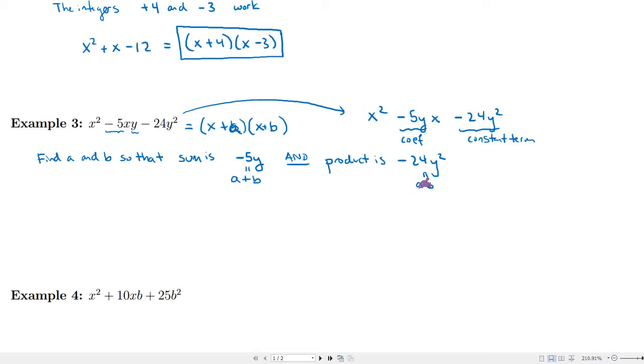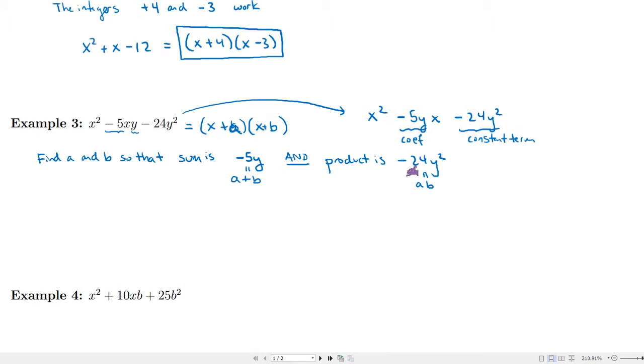It looks like a is going to have a y in it, and b is going to have a y in it for us to multiply and get this y squared. So kind of ignoring that portion for just a second, look at the coefficient of the y squared. We have this negative 24. So think about the factors of 24, or rather negative 24, and how we are going to get negative 5 in the end. So 24 has quite a few factors, right?